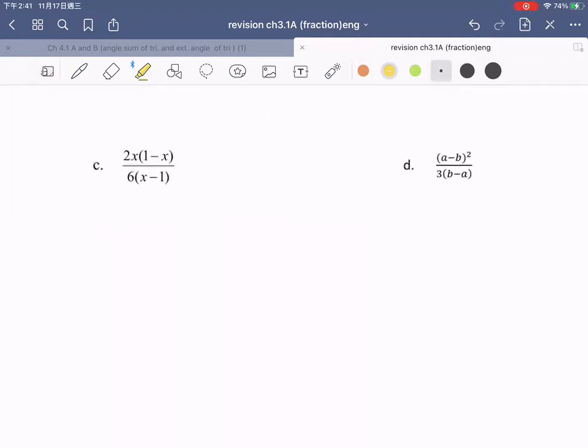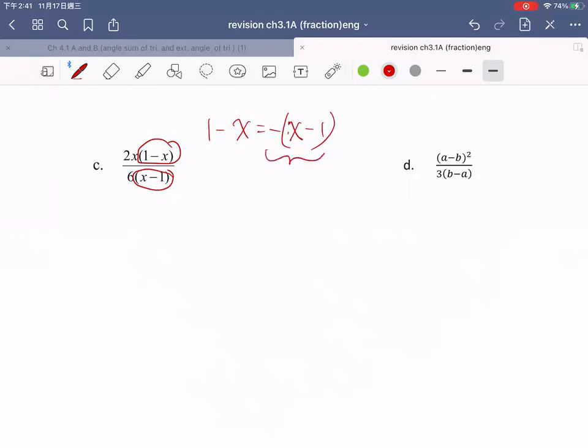For this one, it seems we have a common factor, 1 minus x. In fact, we have talked about it before: 1 minus x is just x minus 1 with a negative sign.